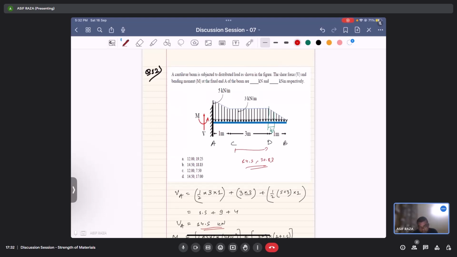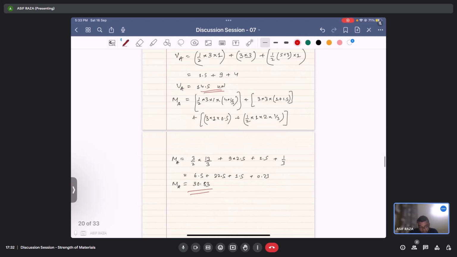It is 3 threes are 9, and it is acting at 1 plus 1.5, that is 2.5 from A. So 9 into 2.5, that itself gives me 22.5.